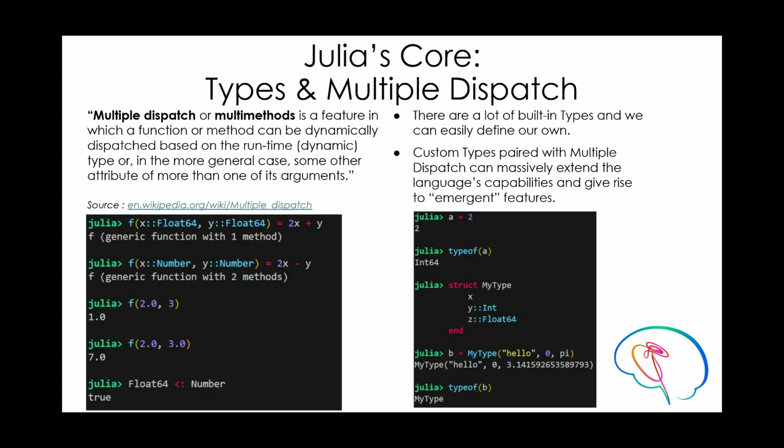They're like composite data types, and within your structure, you can explicitly cast a type on any of the variables that the type holds, or you can just leave it blank, and you can take any type of input. For instance, here in MyType, X has no type, right? So X can be any type in Julia. Y is strictly an integer, and Z is a Float64, right? So we can see that MyType, when the first thing is a string called hello, perfectly works.